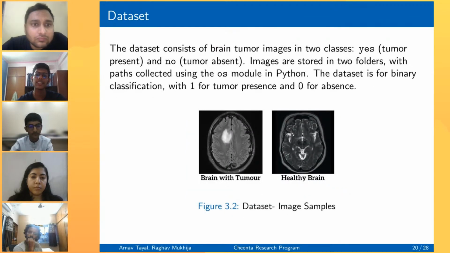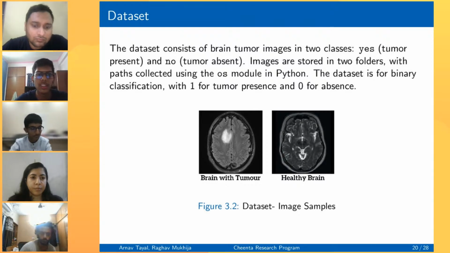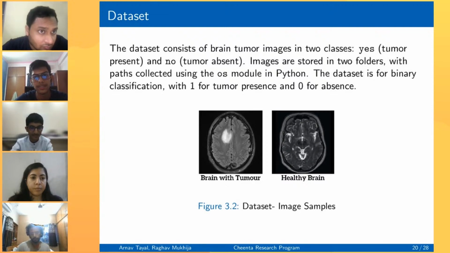The dataset consists of brain tumor images in two classes: yes if the tumor is present, and no if it is absent. Since the dataset has two outcomes, we have used the binary system with 1 for tumor presence and 0 for absence.